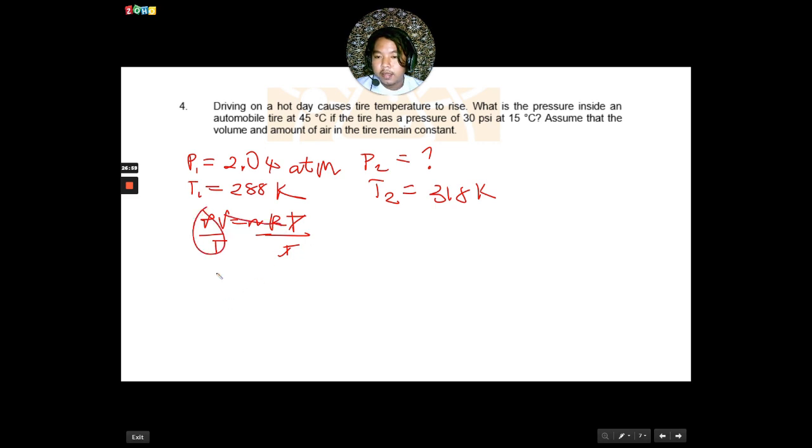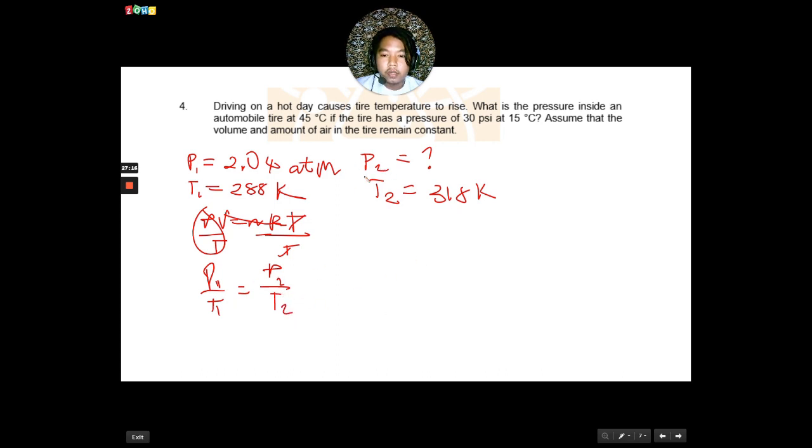So that would be P over T is equal to, mirror it on the other side, P over T, assign values 1, 1, 2, and 2, and then manipulate.